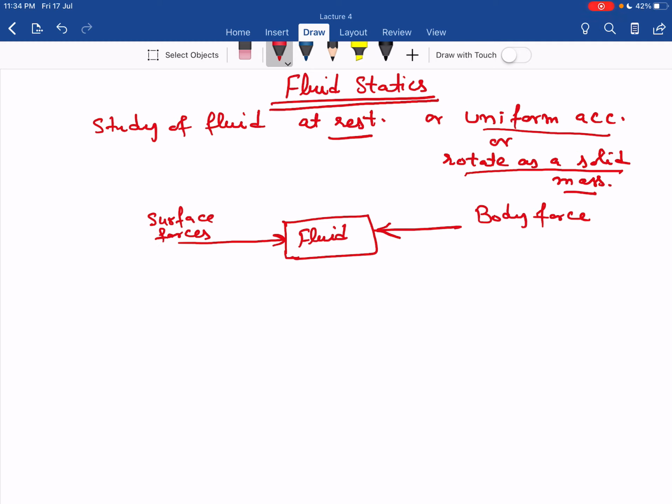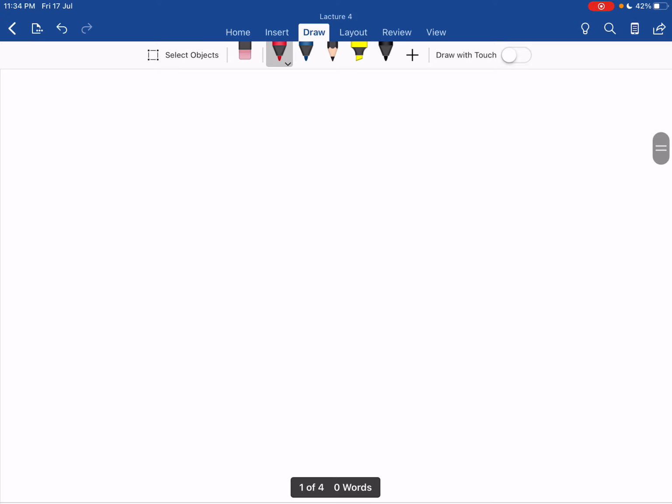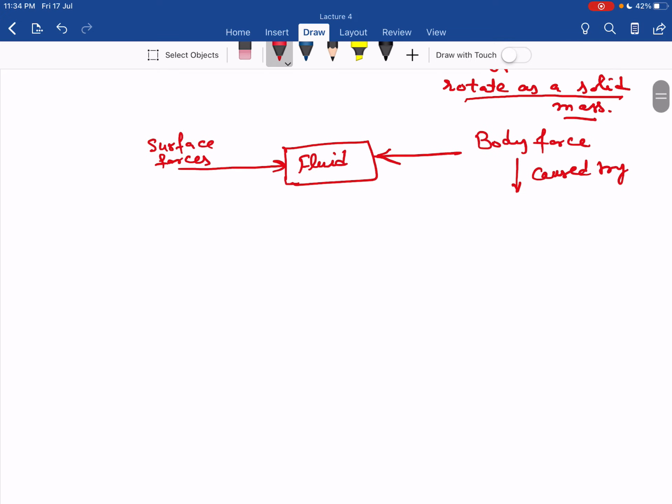Now this body force is caused by gravitational pull, or by some electric field, or by some magnetic field.